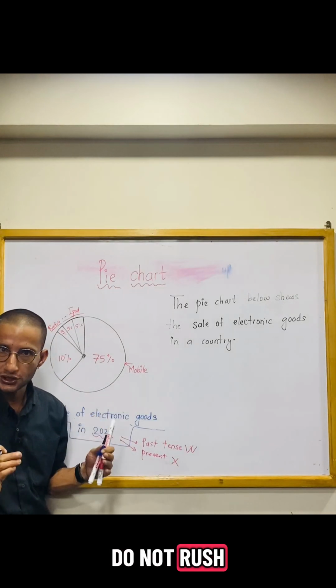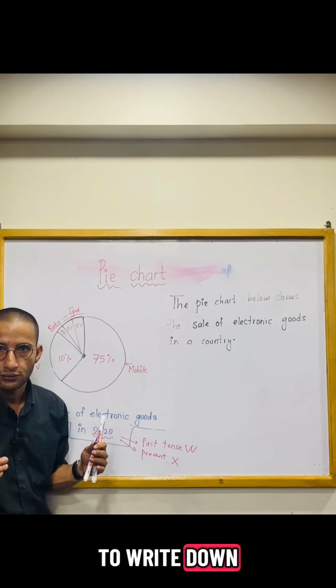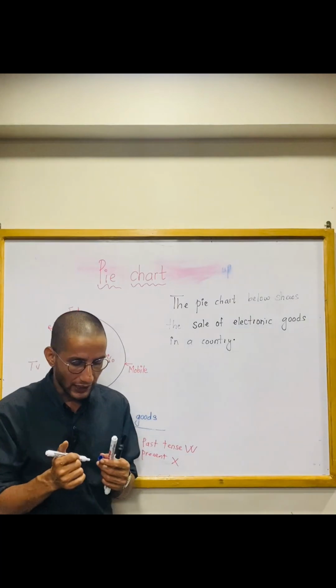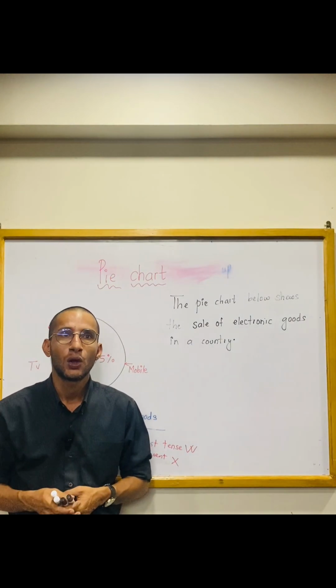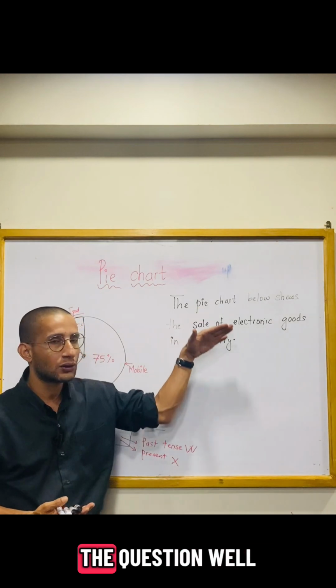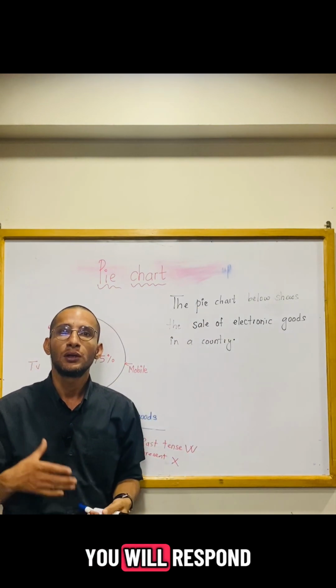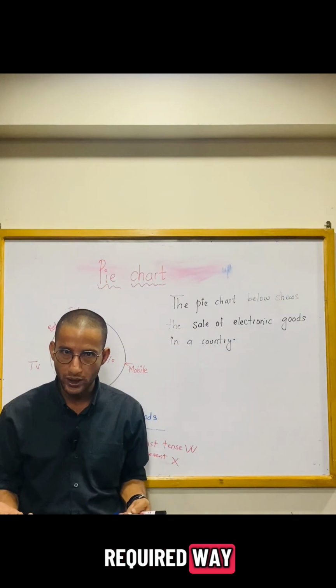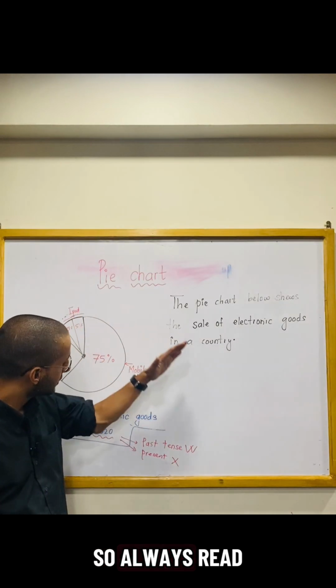Do not rush to write down because you have plenty of time. If you plan well, when you understand the question well, you will respond according to the question or the required way. So always read it well.